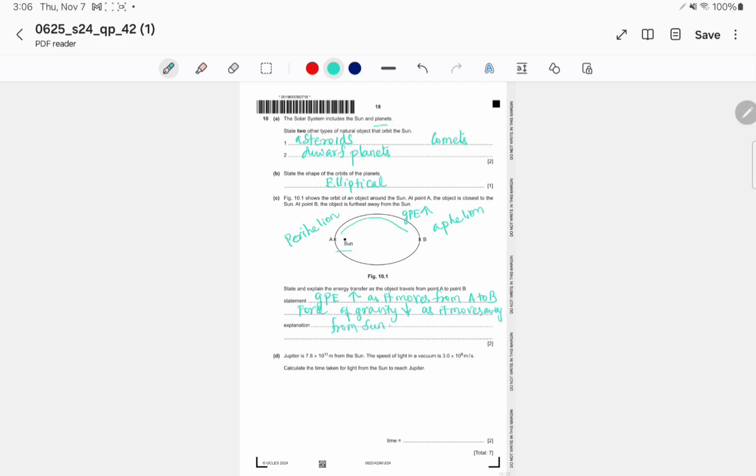Okay, this is one reason. The second reason is the kinetic energy decreases.